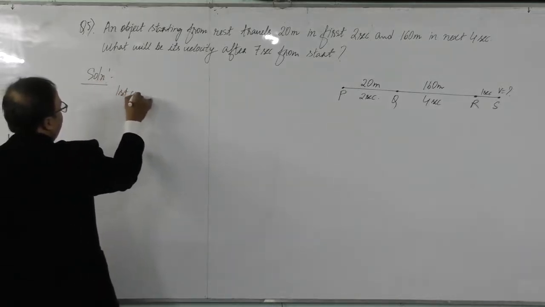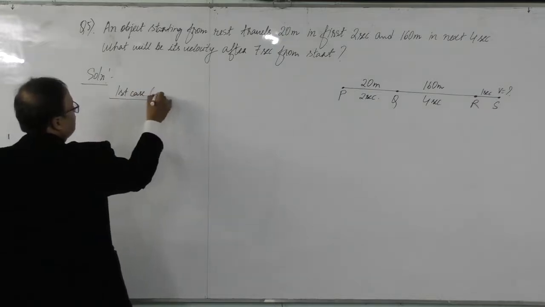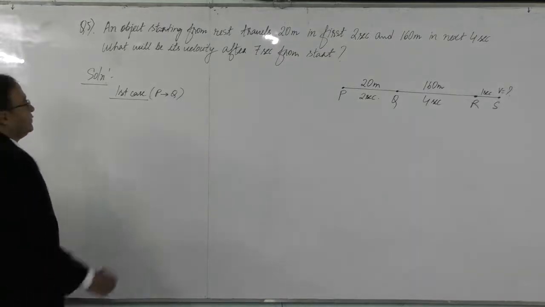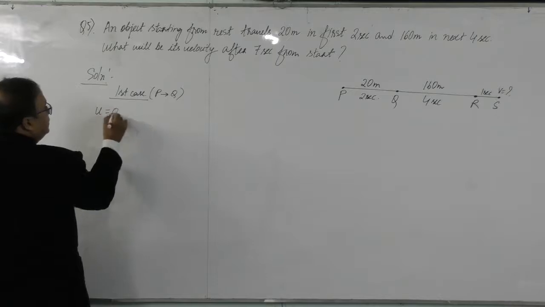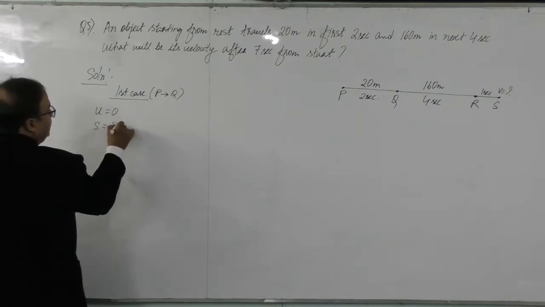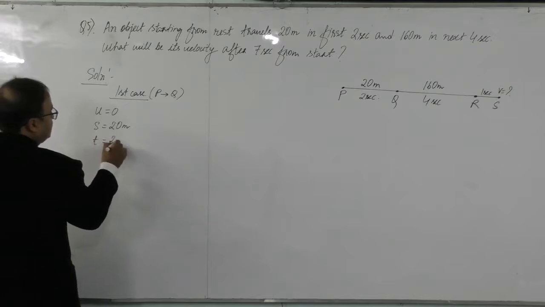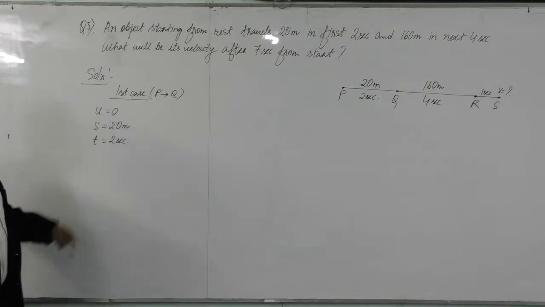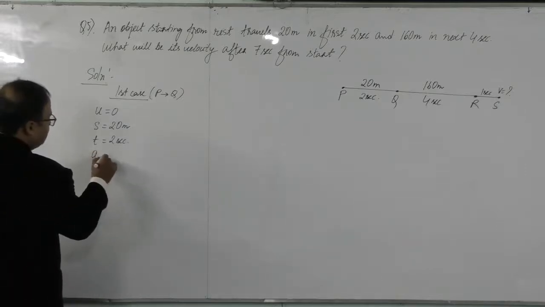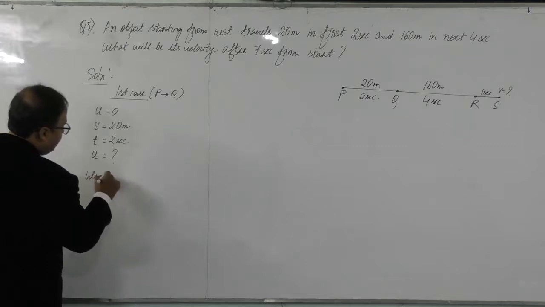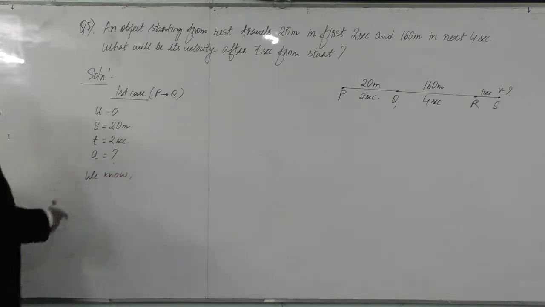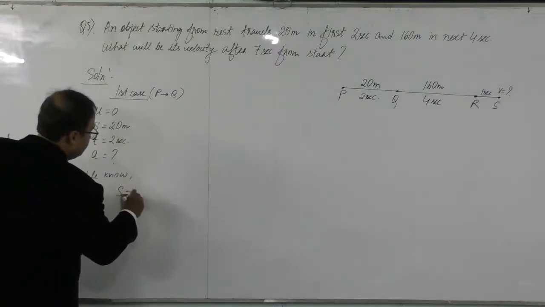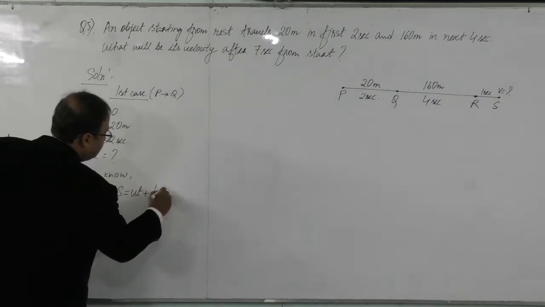First case, we can consider from P to Q. For P to Q, U is 0, distance covered is 20 meter, time taken is 2 seconds, and we can easily find out acceleration. The formula is S equals UT plus half AT square.